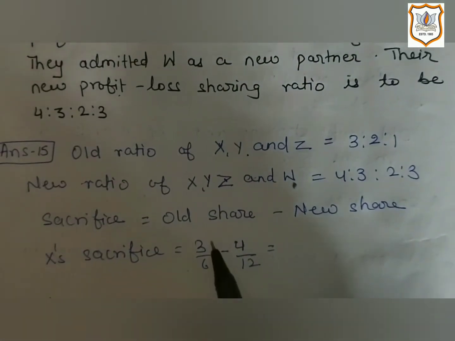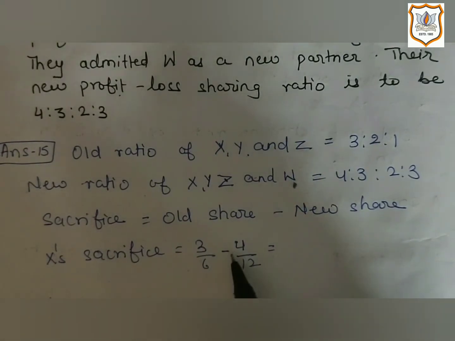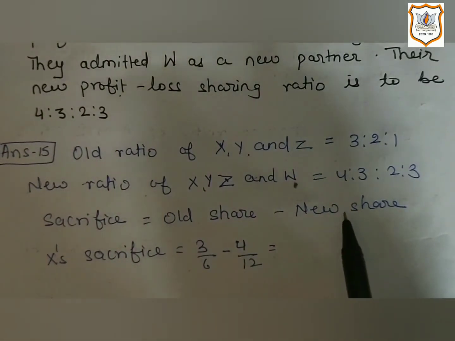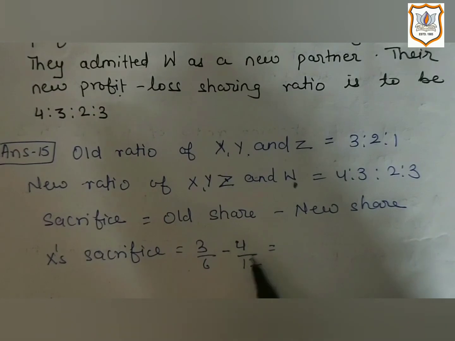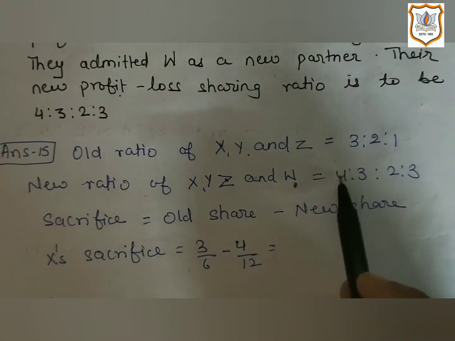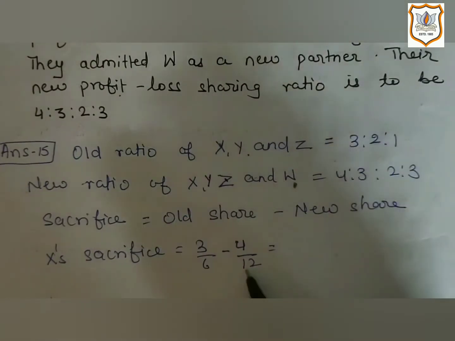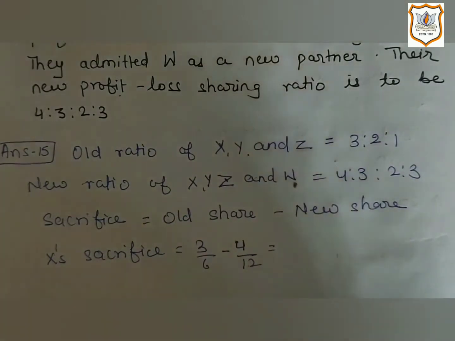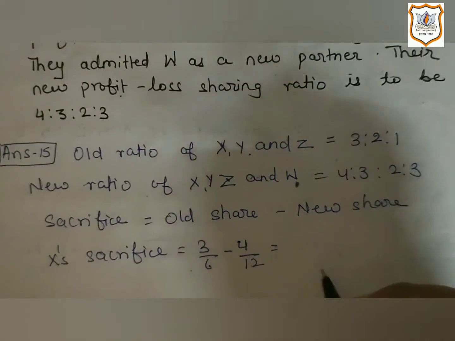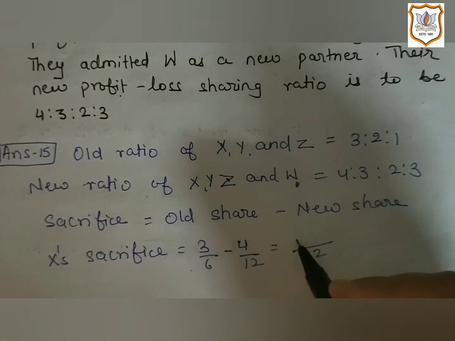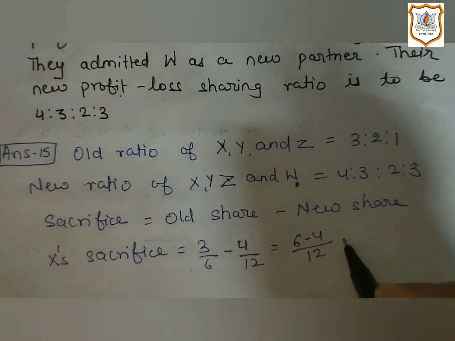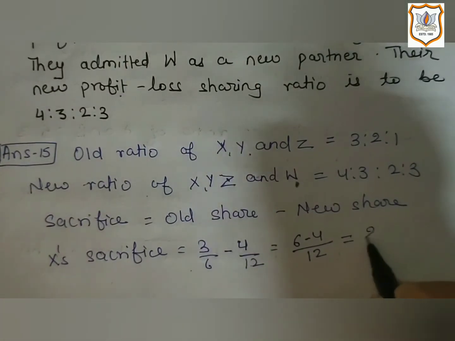So here we will get 3/6 minus his new share 4/12 according to this ratio, that is 4 plus 3 plus 2 plus 3, 12. If we solve it by taking LCM, we will get 6 minus 4 in the numerator, that is 2/12.